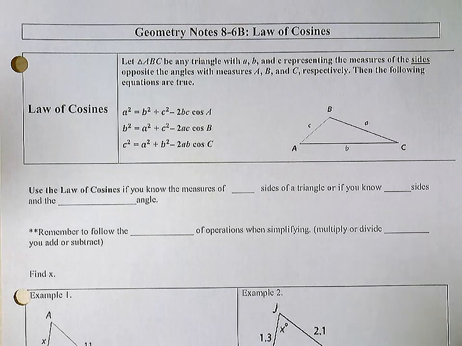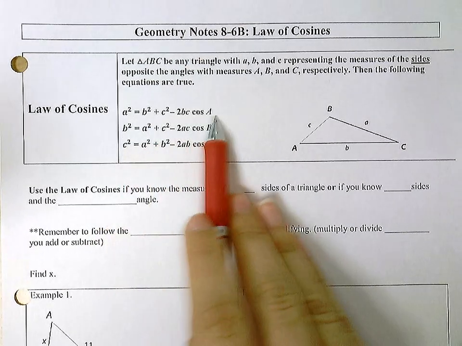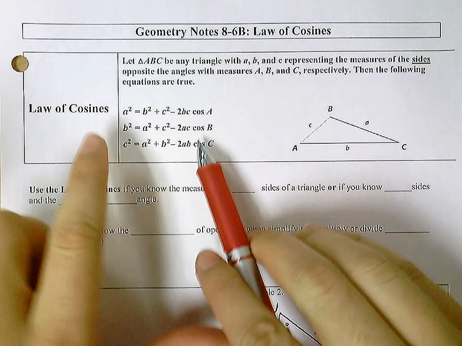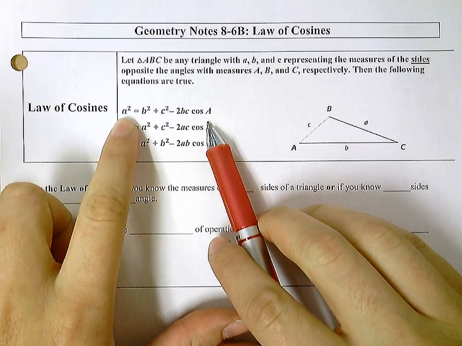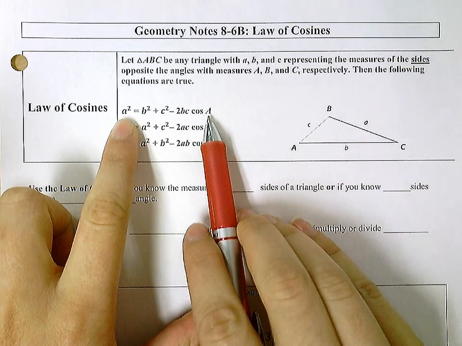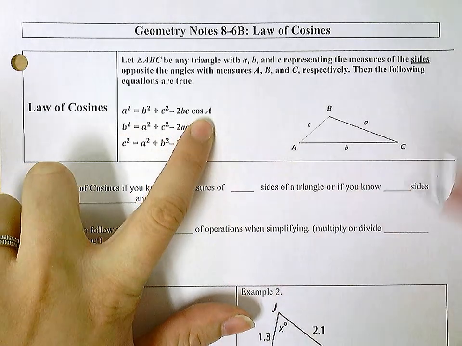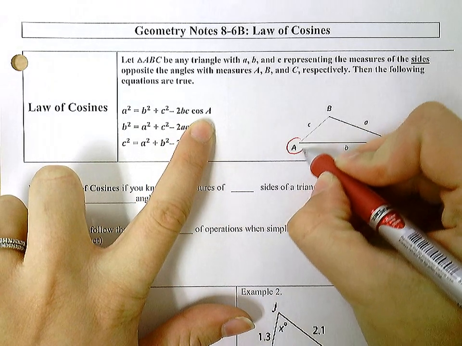So this is your law of cosines here. Now all of these equations are basically the same. If I look at this first one, I have a lowercase a, and then my capital A is the one attached to the cosine. So capital A is right here. That's your angle.